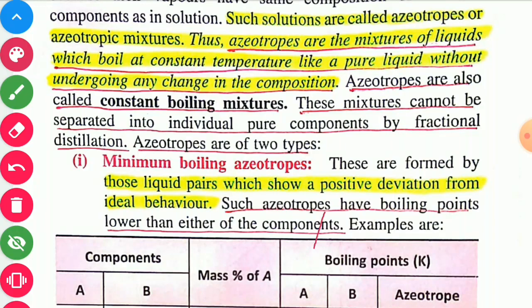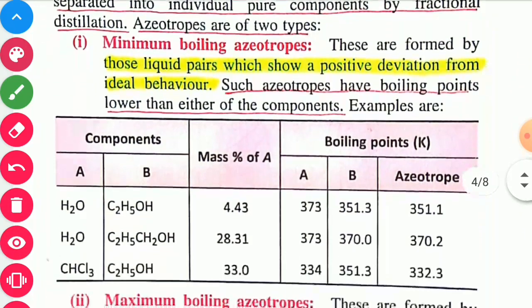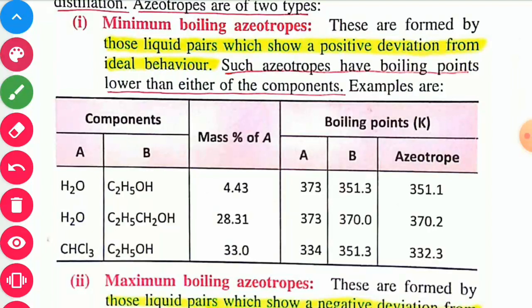For example, here different components are taken, like here components A and B, as we know A is generally considered as solvent and B as solute. Here the percentage of A is given, therefore to find out the percentage mass of the second one, we may subtract the percentage mass of component A from 100, then we will get the percentage mass of component B. So here component A is water and component B is ethanol.